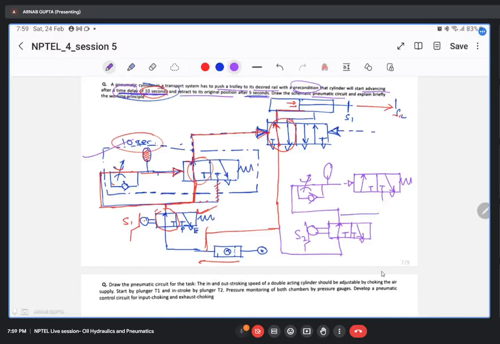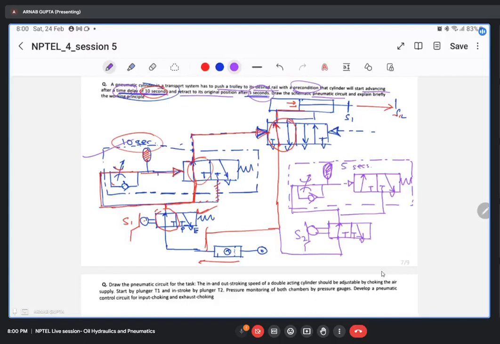This is connected here. And this entire thing is your time delay valve. This accumulator is designed such that it provides a delay of how much? 5 seconds.